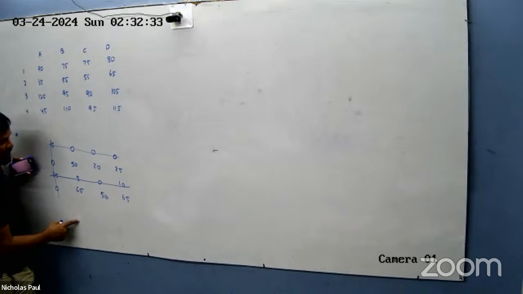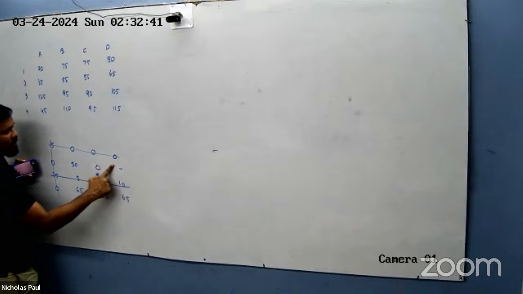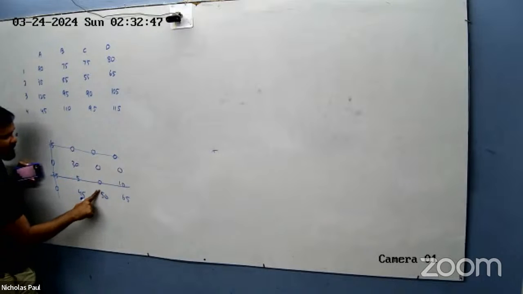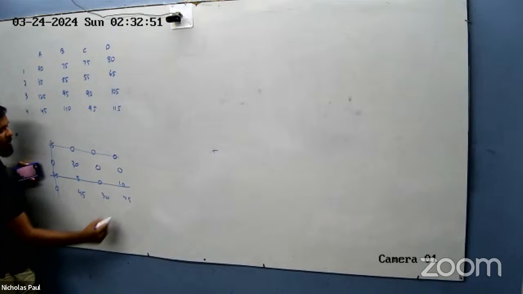So we go again. So you're looking for the smallest uncovered value, which is 20. So that's 0, 20 minus this, 20 minus this, 20 minus this.